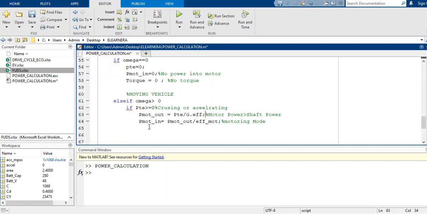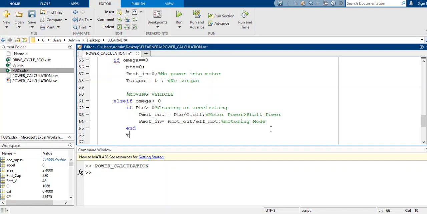Also there are some losses in a motor: eddy current losses, flux losses, mechanical losses and current losses. So we also use the efficiency of the motor to get an optimal output from the motor side. Let's go to the next point, then we will end this loop.